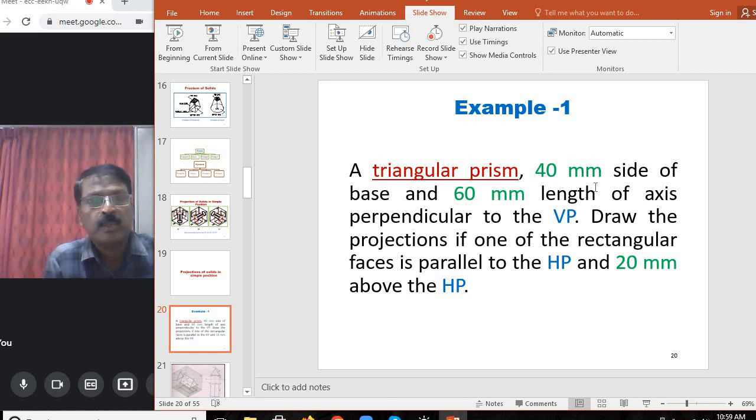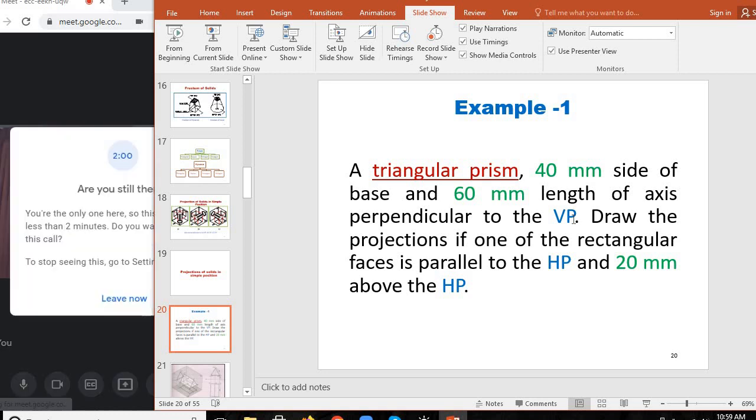One of the base edges is 40 mm, and the axis length, the height of the prism, is 60 mm. The condition given is the axis perpendicular to the VP. This we have to understand very clearly.